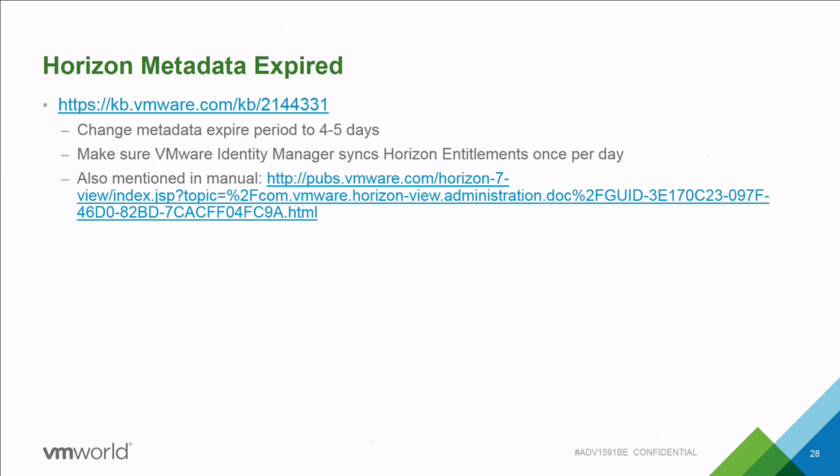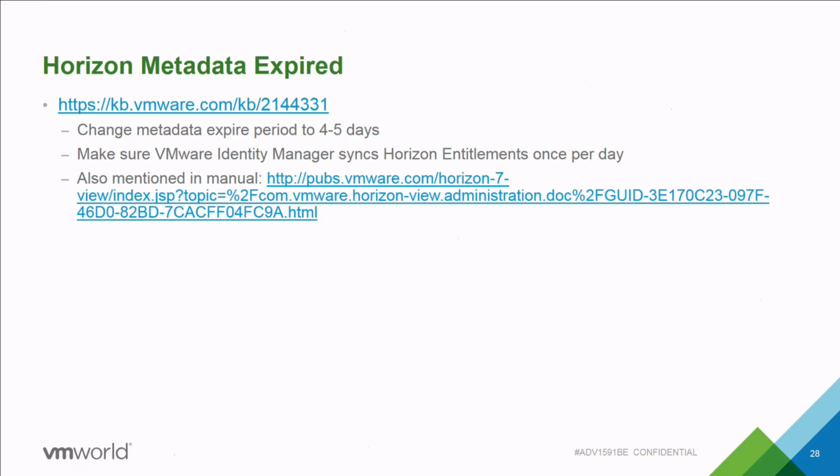One gotcha here. There is one issue you may have the first time you are setting up session configuration. This is because of the default configuration of the connection servers. By default, the metadata that is sent by Horizon as a service provider to IDM will expire in about 24 hours. So there are some things to do in addition to configuring the settings you saw in the previous slide.